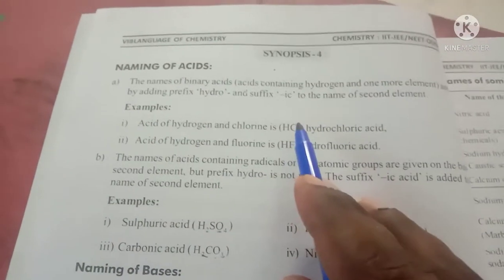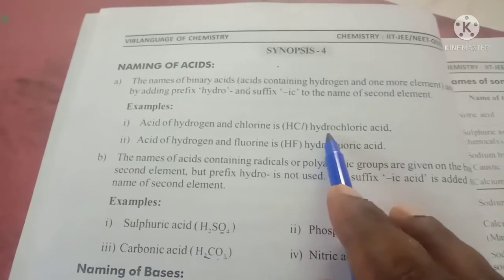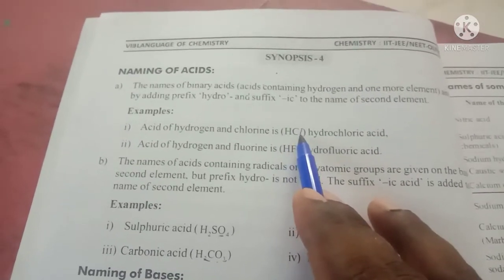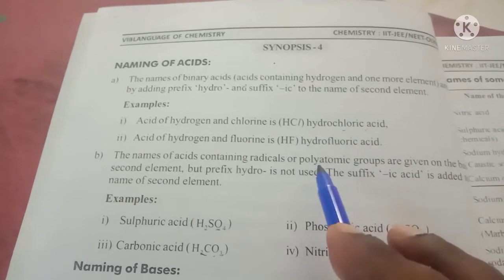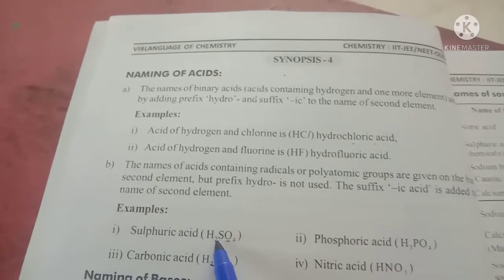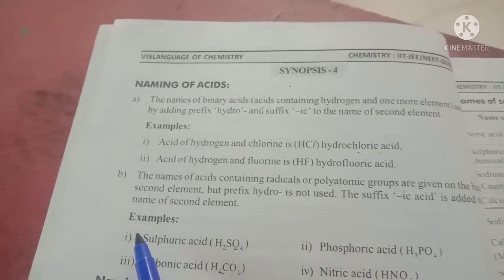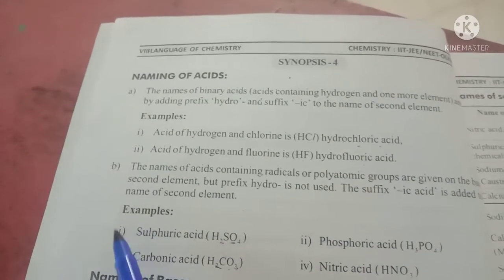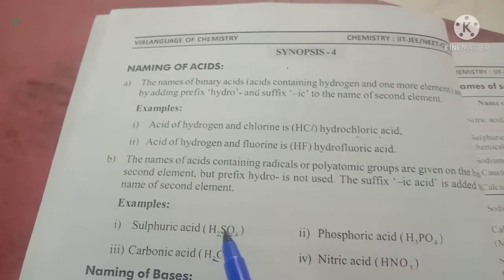See here, HCl means from hydrogen he has taken hydro, and from chlorine he has taken chloric. Okay, well and good. But come here: H is there, so where is hydro or hydrogen in the name? Where is the oxygen?